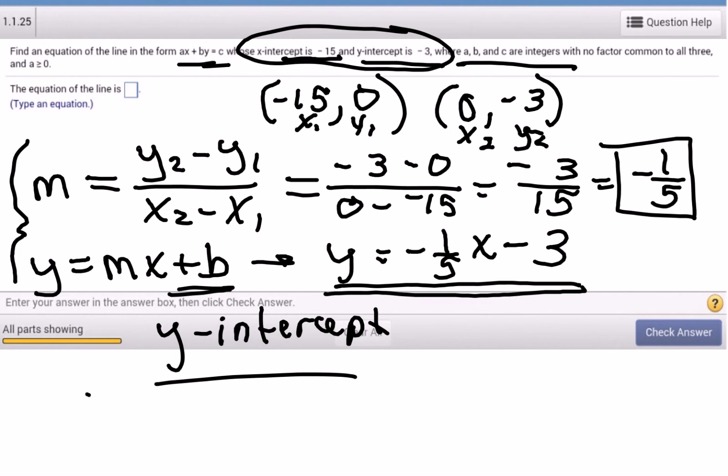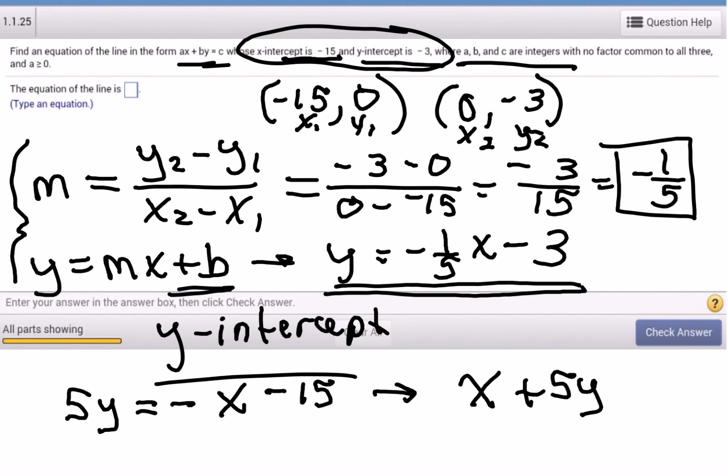If I multiply everything by 5, I have 5y equals negative x, because 5 times negative 1/5 is just negative 1, minus 15. We're almost there. I just need to move my x to the left side of the equation, which means I add it. So it's plus x plus 5y equals negative 15.